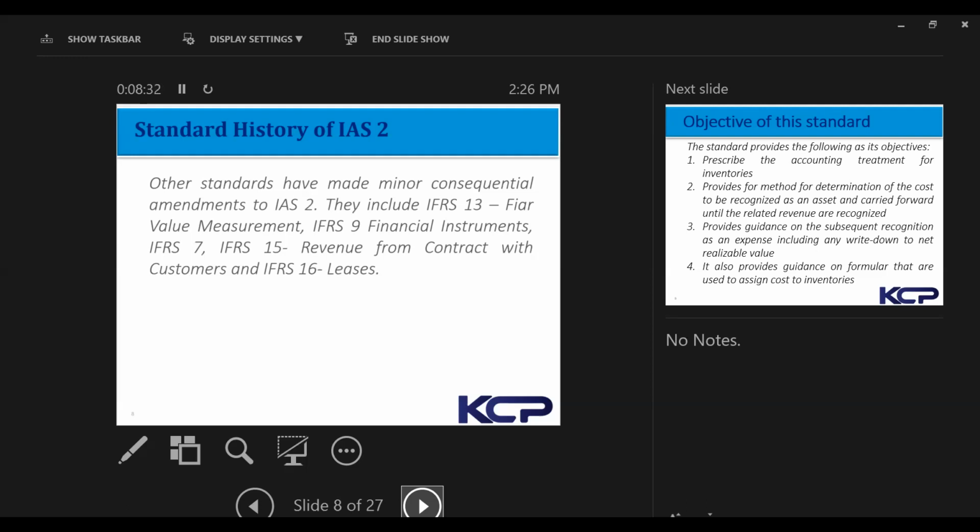So that particular interpretation was extracted from the provision of IFRS 13. Then IFRS 9 also makes some clarifications or a little amendment to the scope of financial instruments that were within the coverage of IAS 2, right? Then IFRS 7, what is IFRS 7?